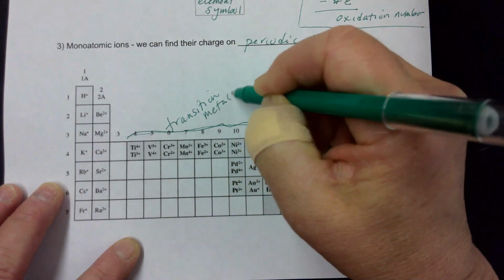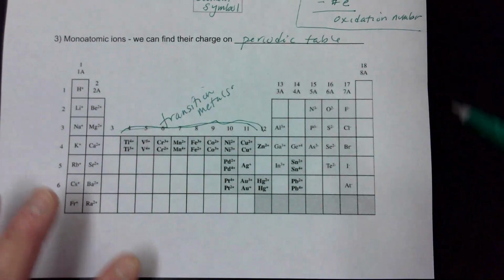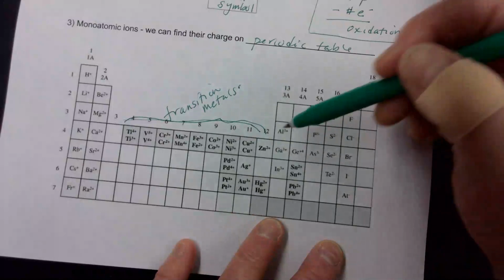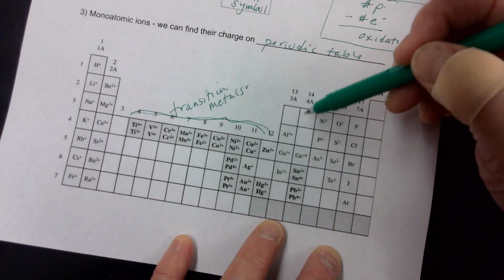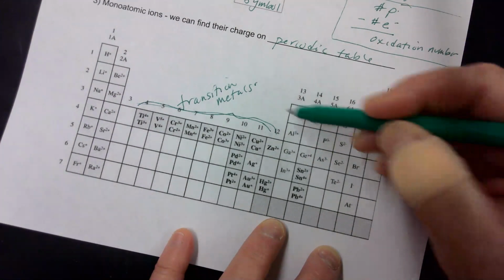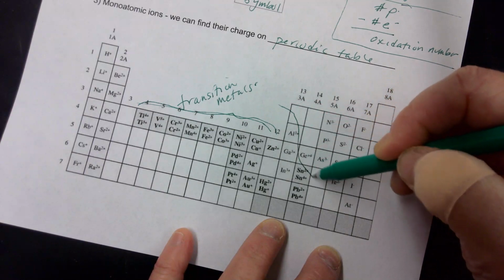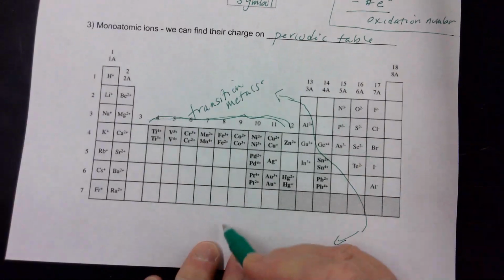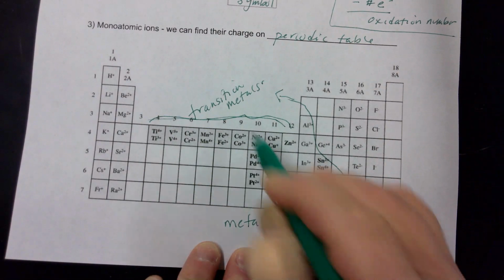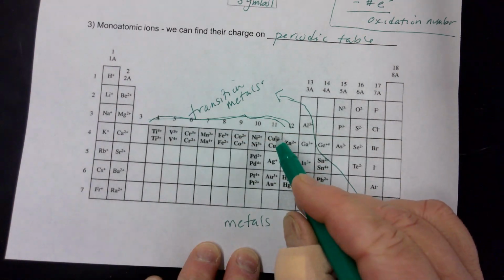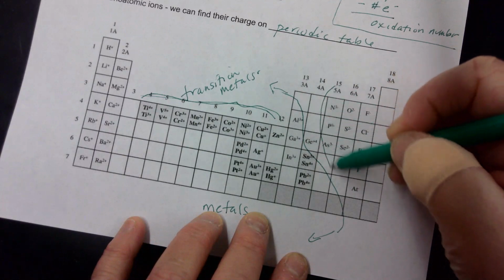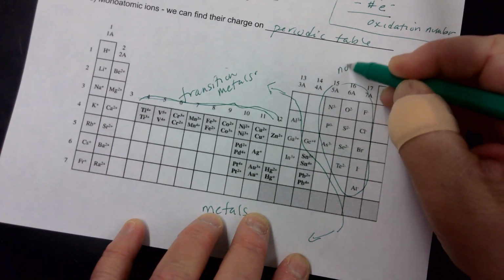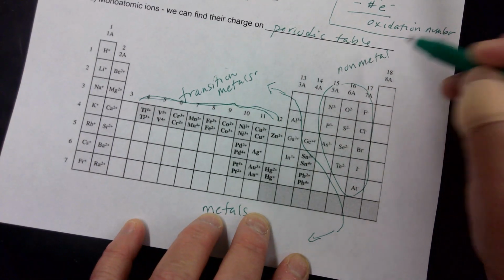And we'll be talking about those in just a moment. And of course over here, these are everything over here. Everything on this side are just metals with a specific category of transition metals here. And then, of course, everybody over here are the non-metal ions.